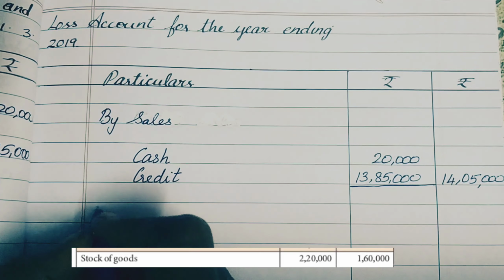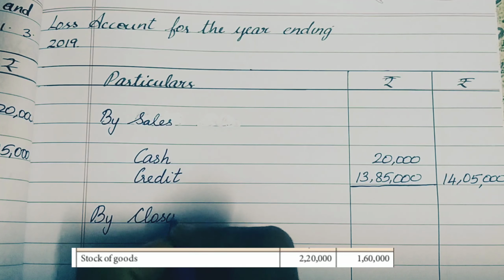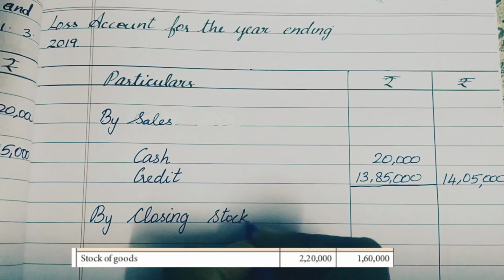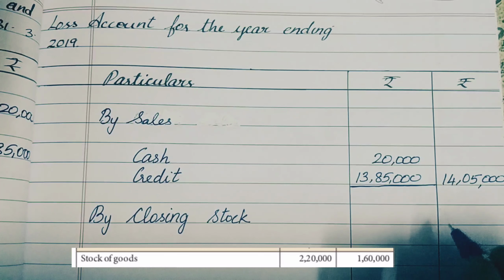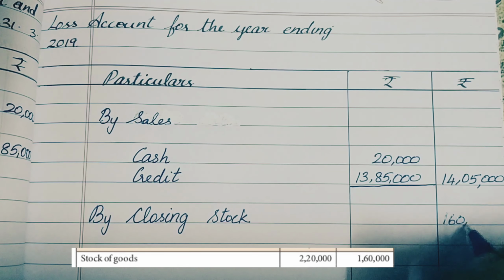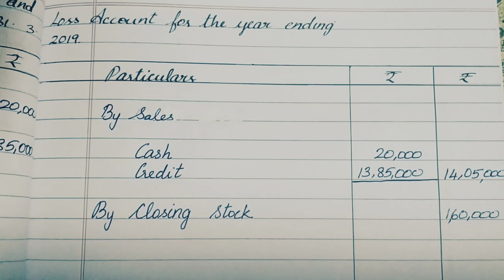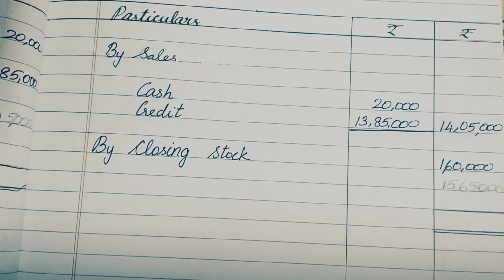And after this, it is the last item, that is by closing stock. So this can be taken from the details which is given in the problem for stock. Take the last closing date and you have to record the stock value, that is 1,60,000. So after this, we are going to balance it and find out the answer. Next step is balancing it.